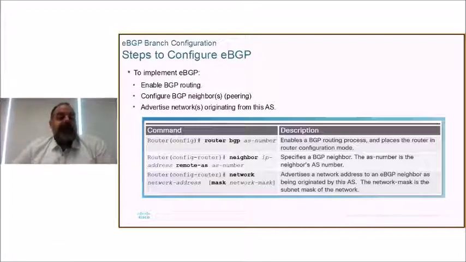Now, the network command, you might think, great, that's familiar, and it is, I suppose. But the difference with BGP and other routing protocols is this is just telling BGP what networks to advertise to the rest of the world. It will not advertise it unless it has a route to it.